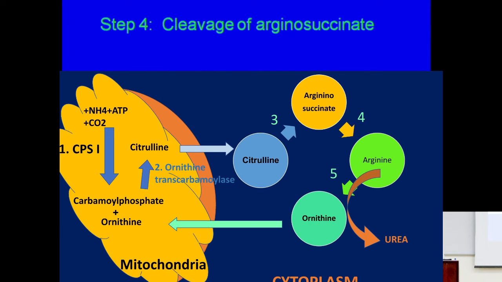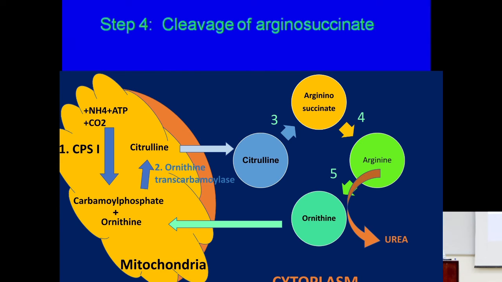Arginine really contains the urea molecule in its structure. So the last enzyme is going to be arginase. It's on the next slide, which will produce urea and ornithine, regenerating ornithine so the cycle can go on.